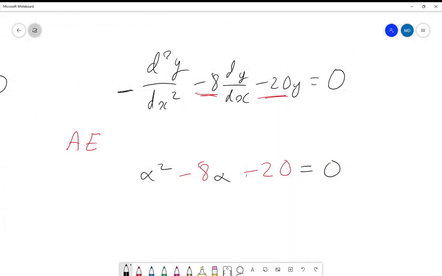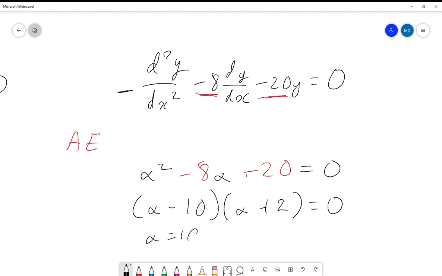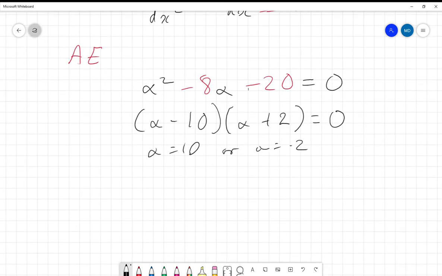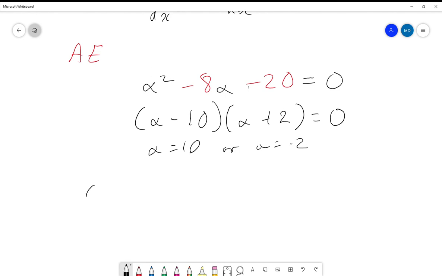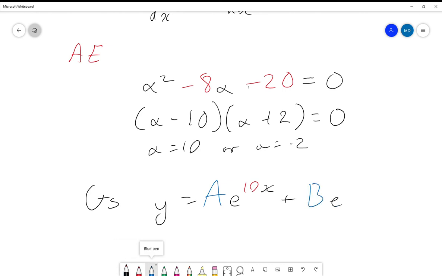And this just factorizes, so we're going to get alpha minus 10, alpha plus 2 equals 0, and that gives us alpha equals 10 or alpha equals negative 2, and therefore that gives us the general solution of y equals a e to the 10x plus b e to the negative 2x.